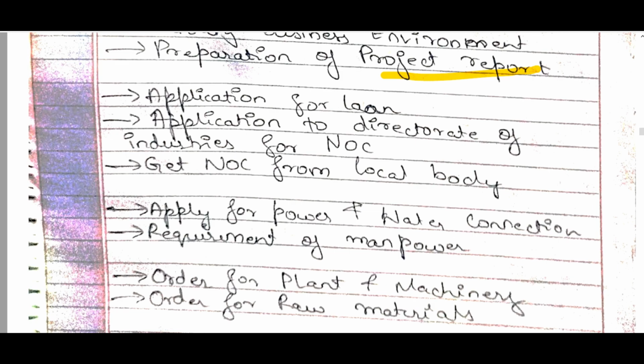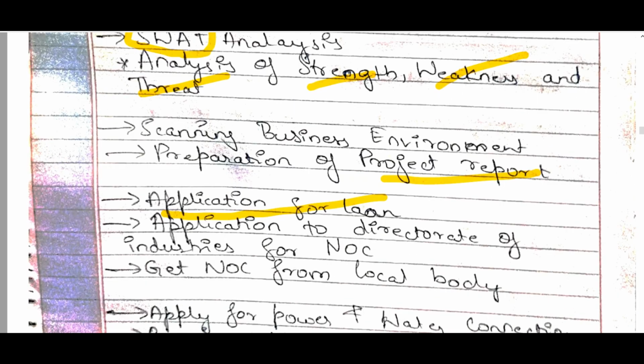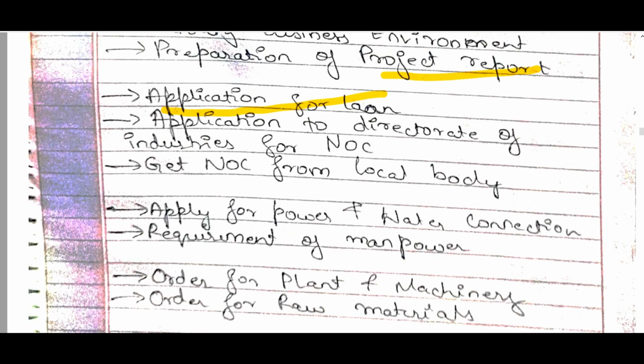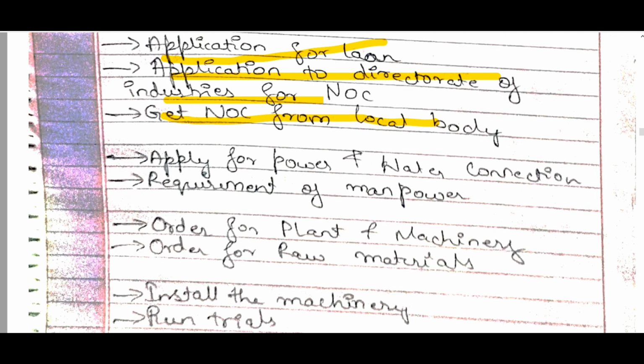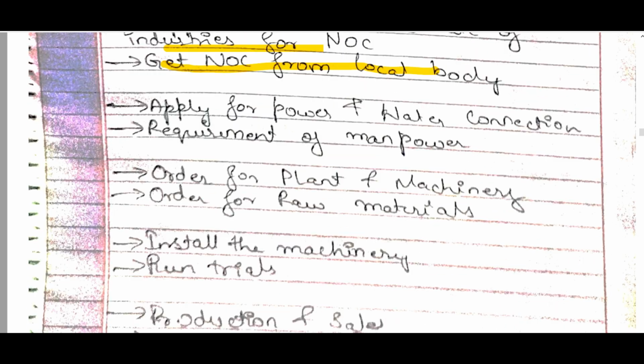Then application of loan, then application to Directorate of Industries for NOC. These are simple. Get NOC from local authorities. You have to get NOC from the Directorate of Industries and also from local bodies like the municipality. Apply for power and water connection.